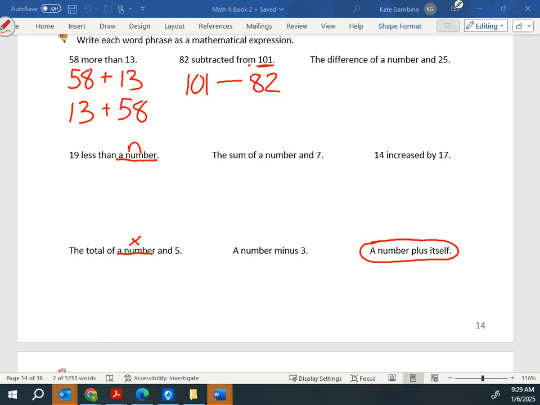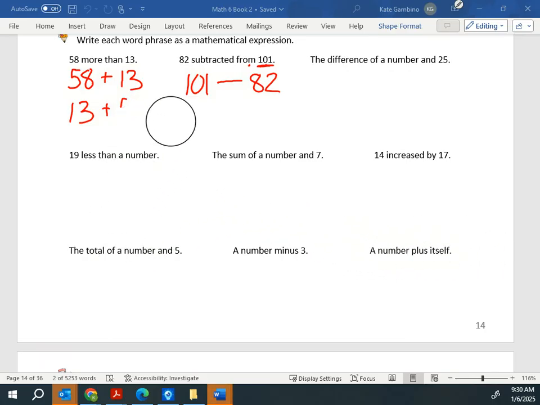If it says a number plus itself, I'm not going to tell you what it is, but I want you to think it through. I know it was a long break and we're brushing the cobwebs off after 2 weeks of not doing math. But really think, what does that mean? If it's a number plus itself, what does that expression have to look like?